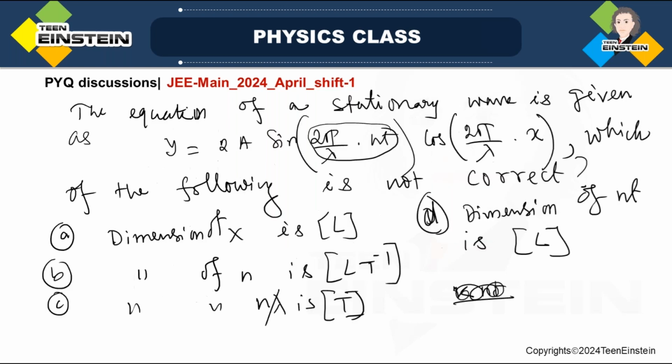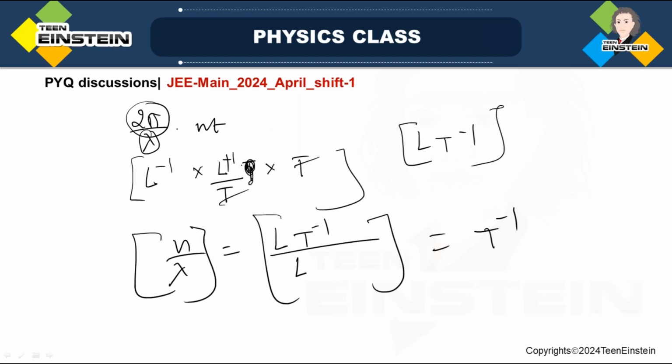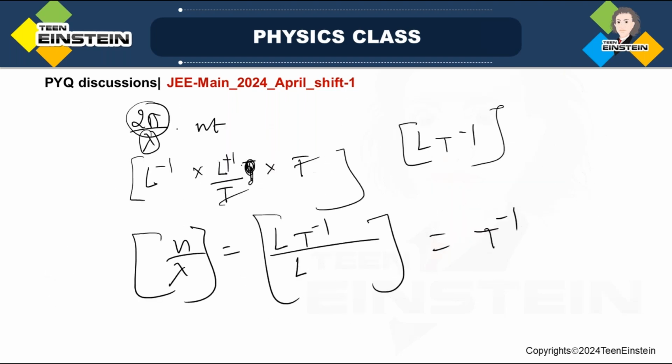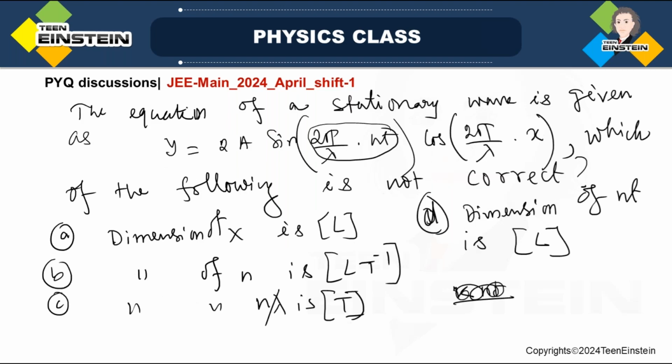That is why option C will be incorrect. It should be T to the power minus 1, not T. So option C will be the incorrect option here.